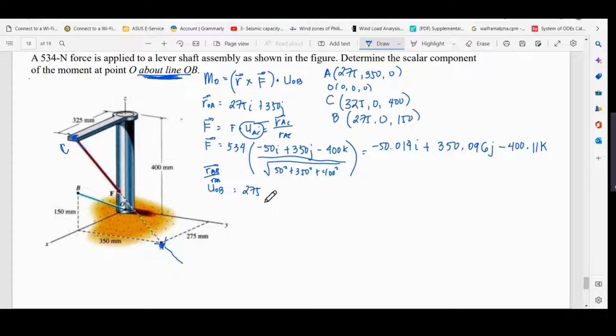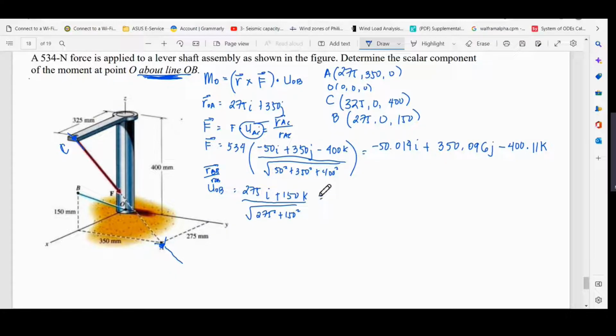Okay? So, 275I plus 150K. 0 yung J niya. All over, square root of 275 squared plus 150 squared.